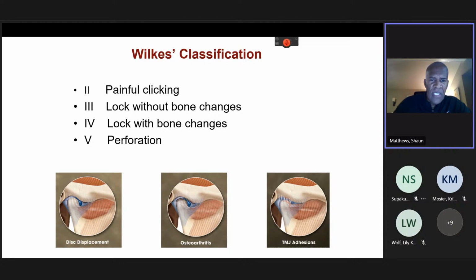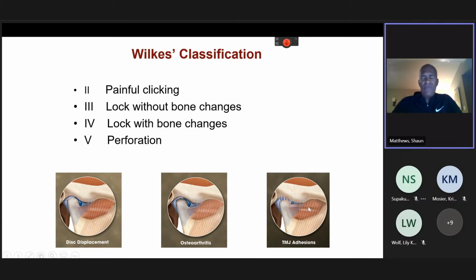That's stage 3. Stage 4 is similar to stage 3, but this time we are seeing evidence of bony changes on the head of the condyle, of osteoarthritic degenerative joint disease, as shown here, and an anteriorly displaced disc, so the joint is locking with bony changes.